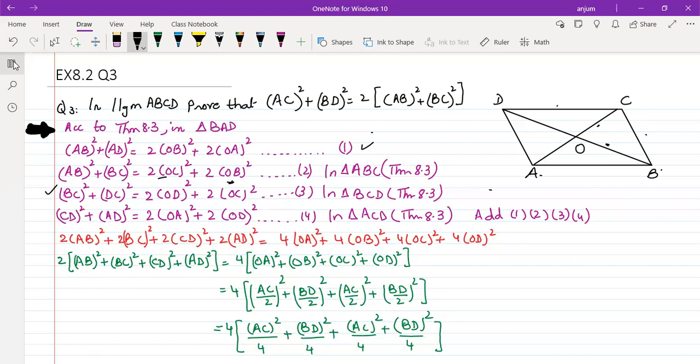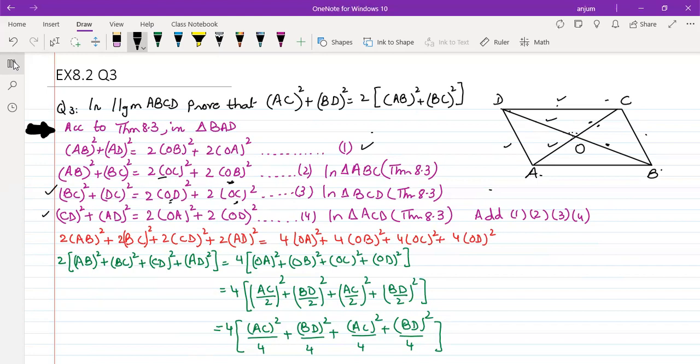BC square plus DC square will be equivalent to 2OD square plus 2OC square, where OD is the half of the third side and OC is the median. And in statement number 4, in triangle ACD, we have two sides CD and AD. So CD square plus AD square will be equivalent to 2OA square plus 2OD square. OD is the median, and OA is the half of the third side.